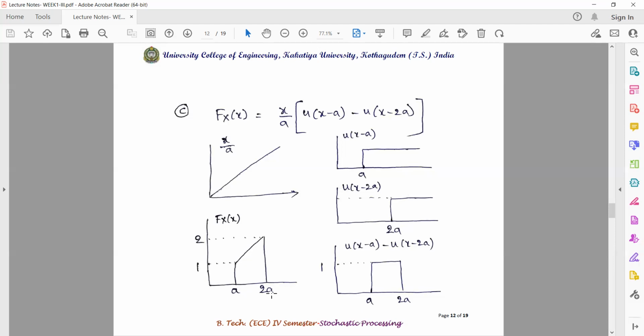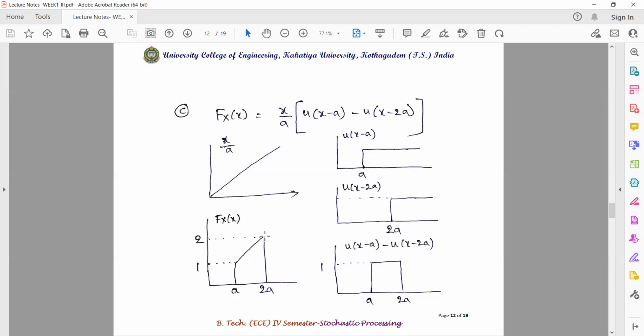So here we have to check the properties of the fx of x. It is starting at 0, the first one is okay, but it is ending at 2, so it is not a valid CDF function. It should always end with 1; capital fx of minus infinity should be 0 and capital fx of plus infinity should be 1.